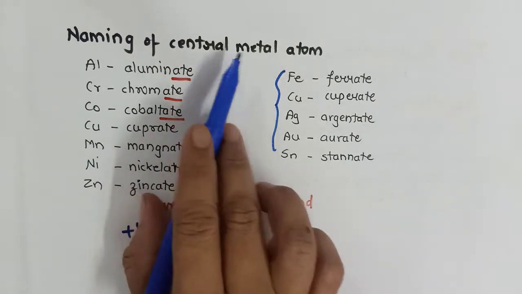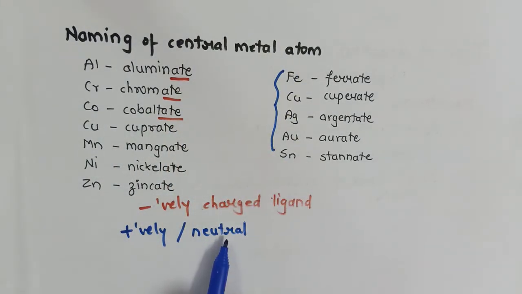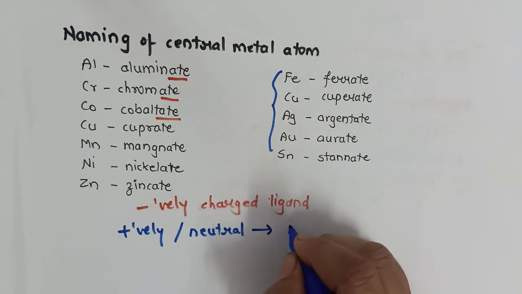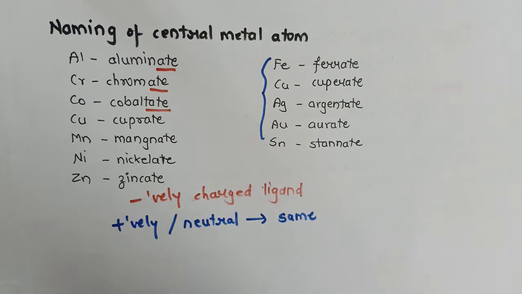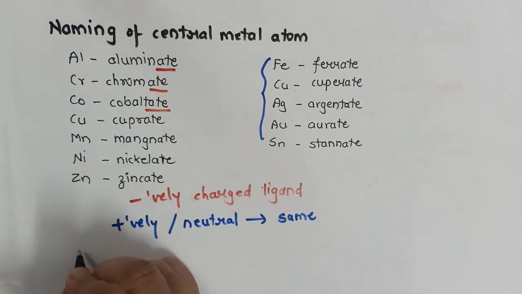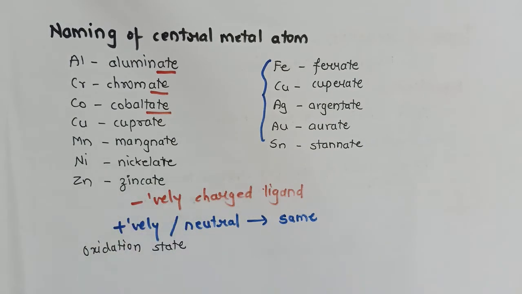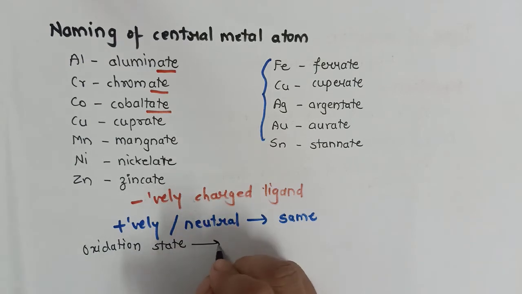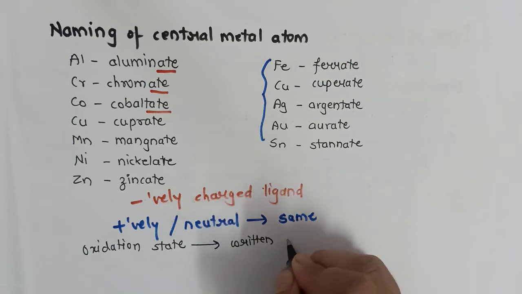In case the central metal atom is coordinately bonded to a positively charged or neutral ligand, then the name of the metal remains as it is. Okay. After naming the central metal atom, we have to calculate the oxidation state of the central metal atom, and that must be written in Roman numerals.